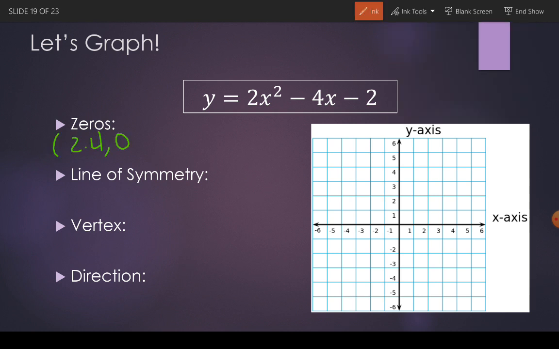Our line of symmetry, we used negative b over 2a, and we found that x was 1. We plugged our line of symmetry value into our original equation to get our vertex point, and it was (1, -4).